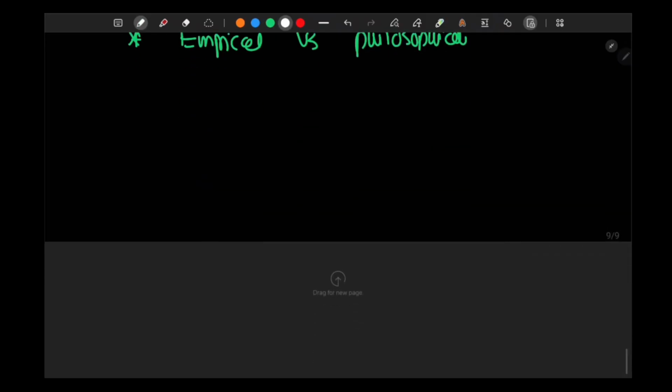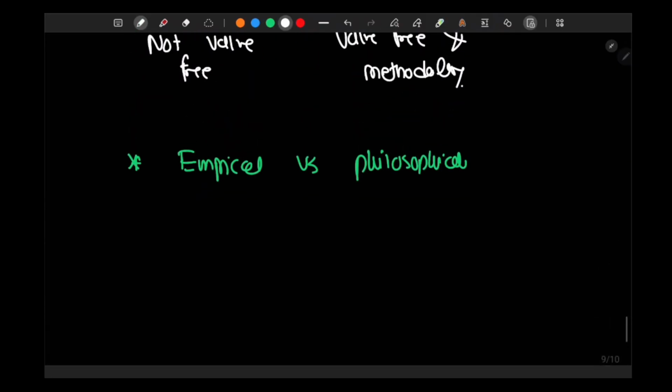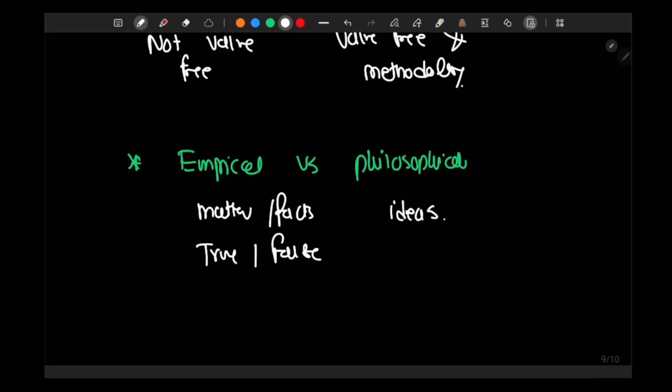Then empirical versus philosophical approach. The empirical approach talks about matter or facts. The philosophical approach talks about ideas. The empirical approach has criteria of true or false. The philosophical approach has criteria of right or wrong.